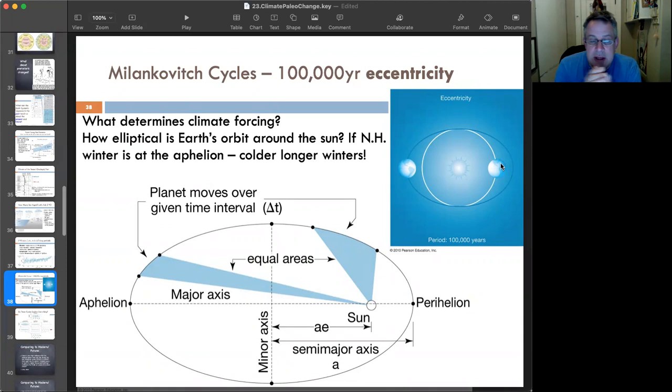There's the perihelion, there's the aphelion, and that relationship between the perihelion, the aphelion, and summer and winter, that is between the tilt of the Earth and where you are in this elliptical orbit, varies over time. So the eccentricity changes, it gets more and less eccentric. So the major axis and minor axis grow and shrink over time. The location of the perihelion versus the solstice changes over time, and so on.